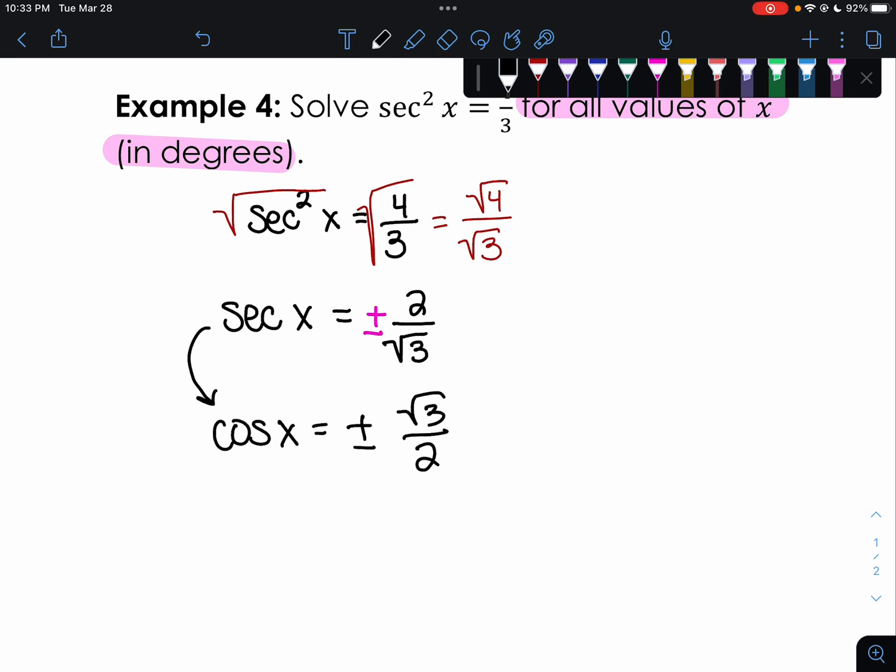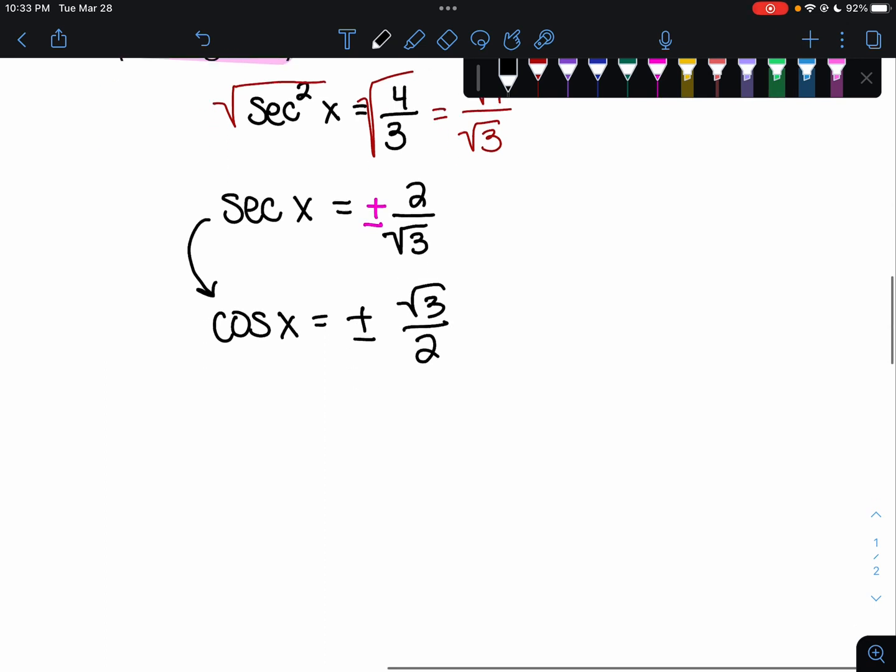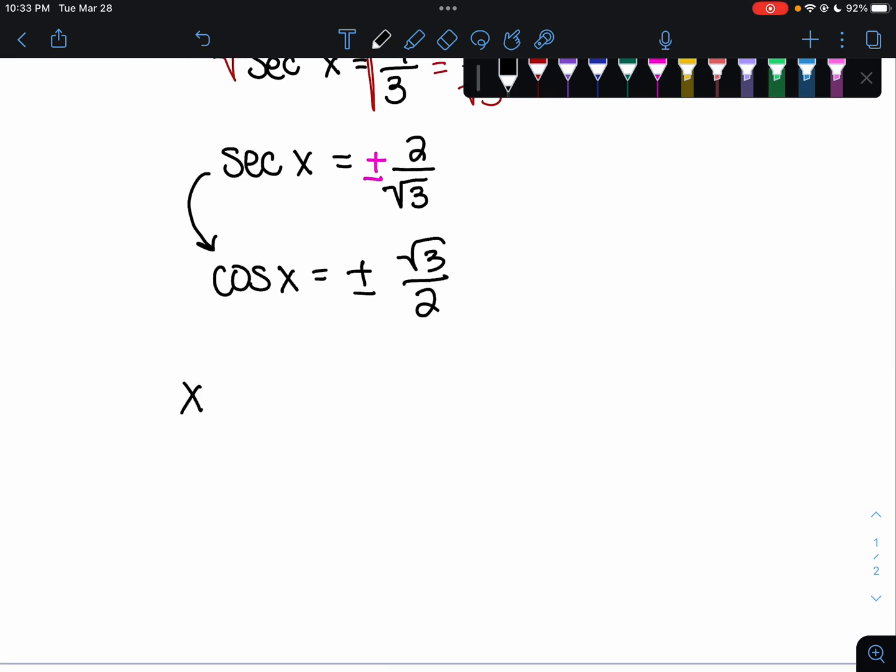Now I want every possibility when cosine of an angle gives me positive or negative rad 3/2. When it's giving positive rad 3/2, that would be in quadrant 1 and in quadrant 4.